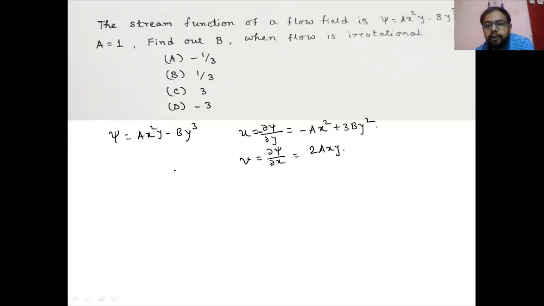Now, if the flow is irrotational, as it is a two-dimensional flow, dv dx minus du dy is equal to 0.